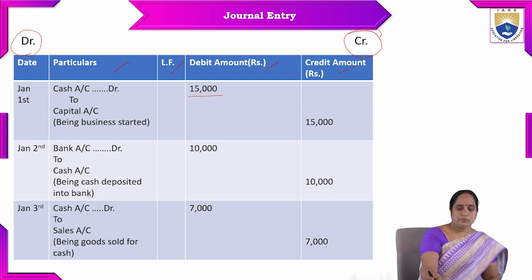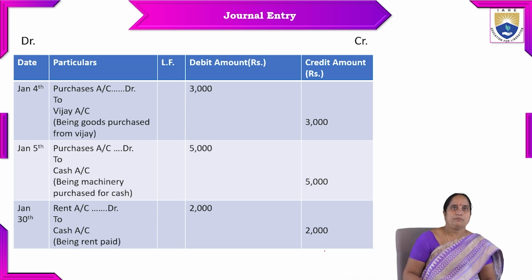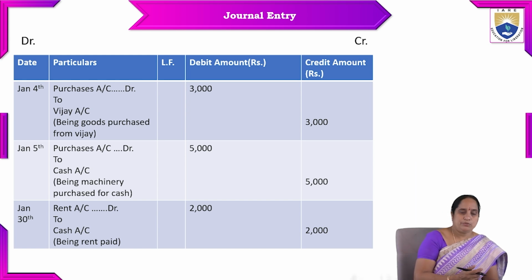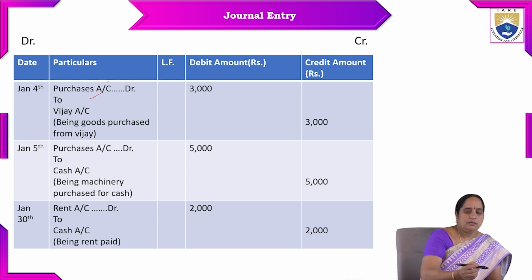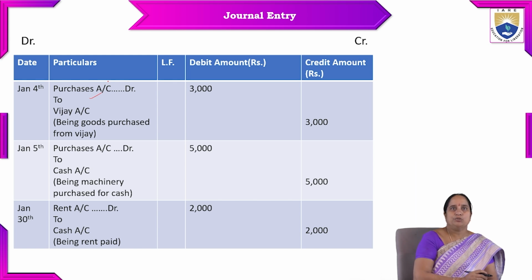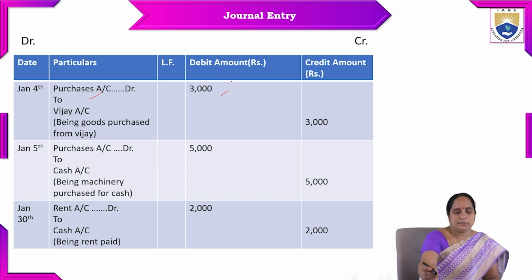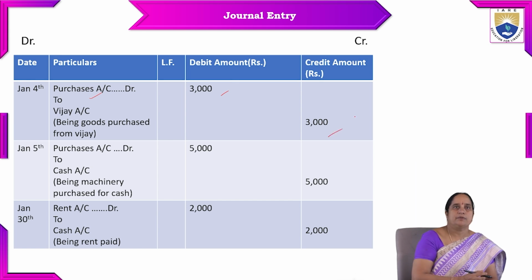Whatever amount we have, we specify the same amount on the debit side and credit side. On Jan 4th, being goods purchased from Vijay, we specify purchases account debtor to Vijay account. So the amount again is 3,000 on the debit side, 3,000 on the credit side.